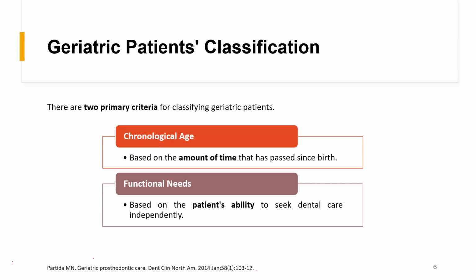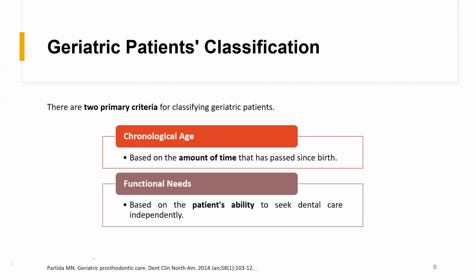The chronological age, as we all know, is the amount of time that has passed since birth. However, the functional needs is the patient's ability to seek dental care independently. So these are two types of classification that can be used to classify the geriatric or the older or the elderly patients.